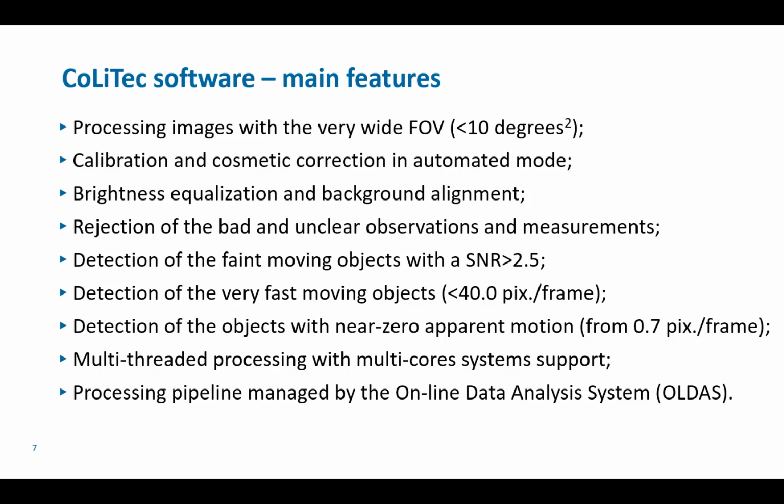A list of the main features of the Kalytek software is described here: calibration, cosmetic correction, brightness equalization, background alignment as a part of the intra-frame image processing, and is performed in automated mode. The detection of the different moving objects is a part of the inter-frame image processing. The Kalytek software is installed at a variety of telescopes at different observatories in Ukraine and around the world.